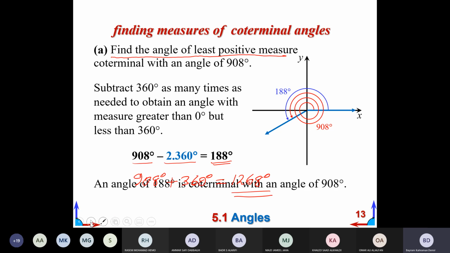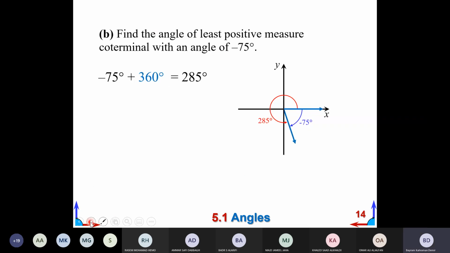Let's see if we have one more. In this case, for example, we have negative 75 degrees. If you add 360, you will get positive 285. So positive 285 and negative 75 are coterminal, you see?